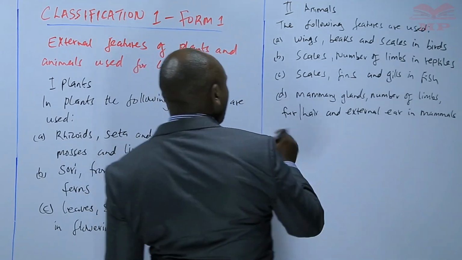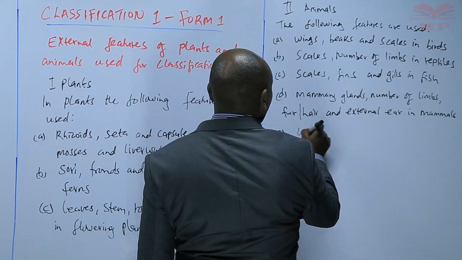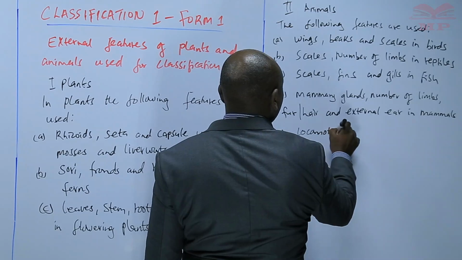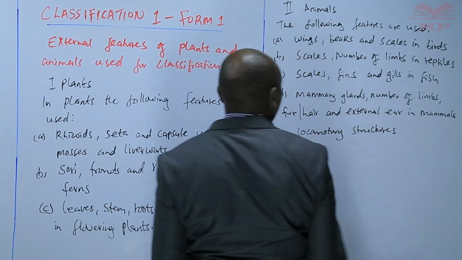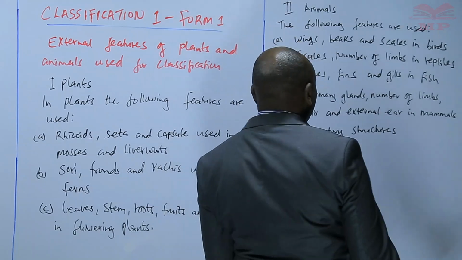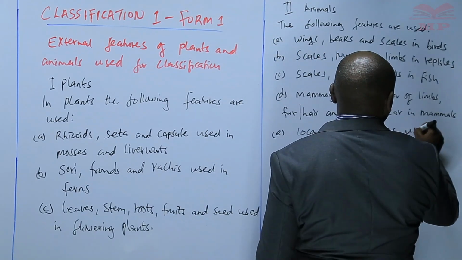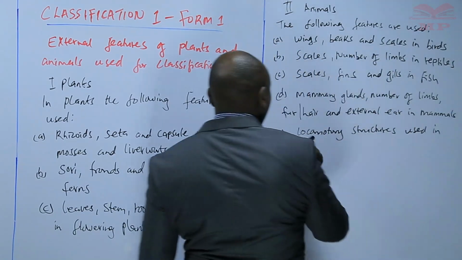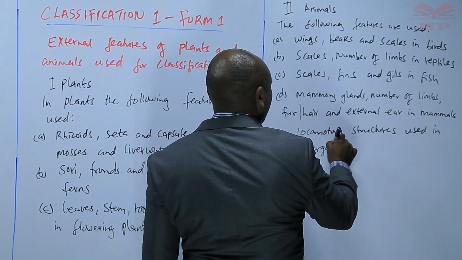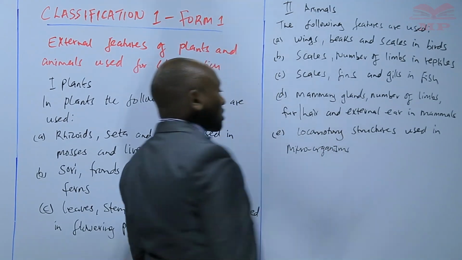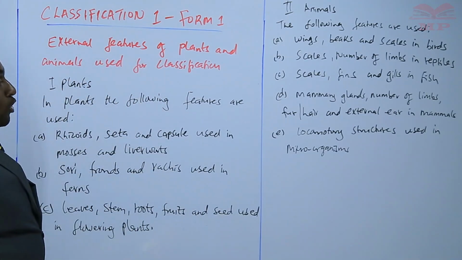Some animals we use locomotory structures. These ones are mainly used in microorganisms, the microscopic organisms. Which structures do they have for locomotion?